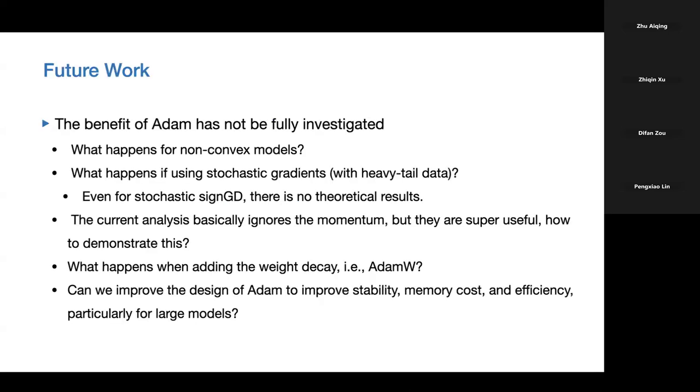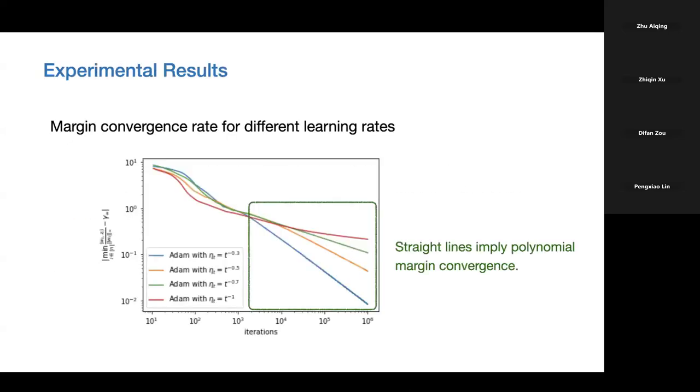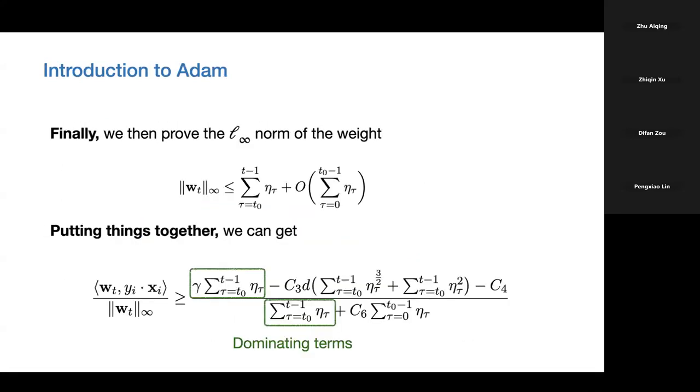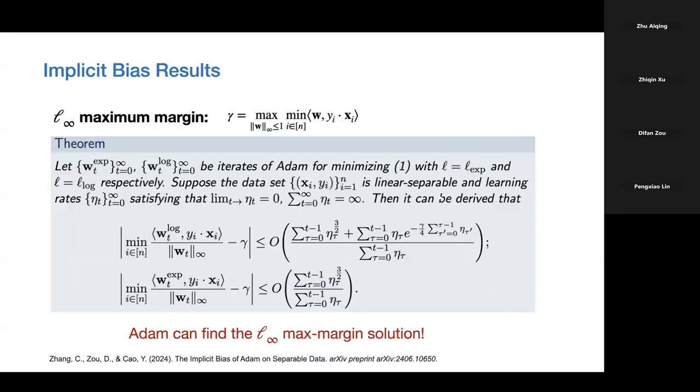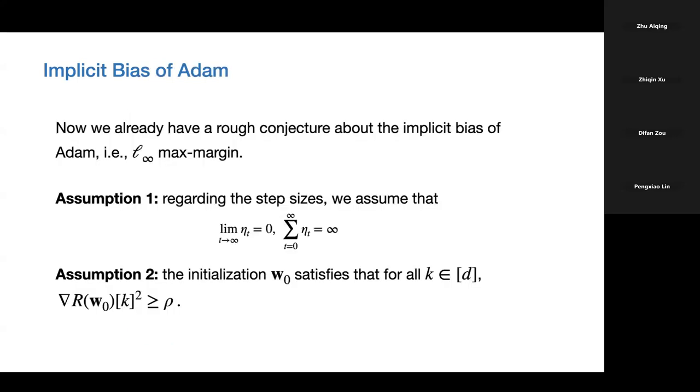In the Adam part, the implicit bias is the L infinity margin. Is it related to Adam being equivalent to coordinate descent? That is a very good catch. Yes, entirely, because we do the coordinate normalization and we push the update of all the coordinates to be very similar.